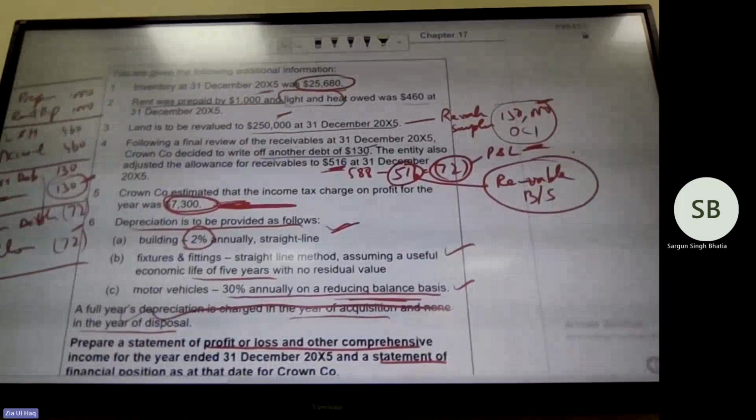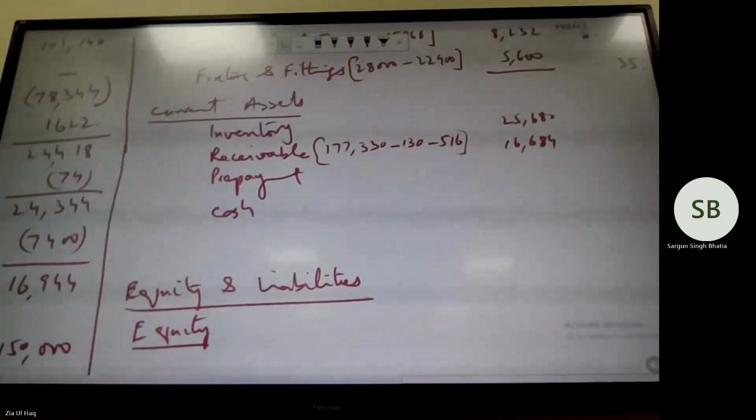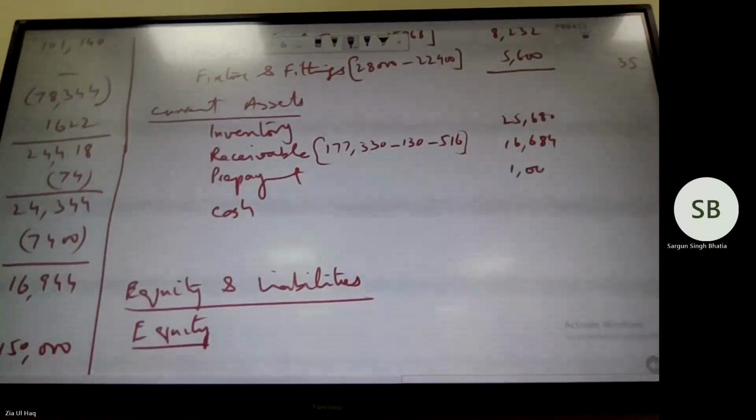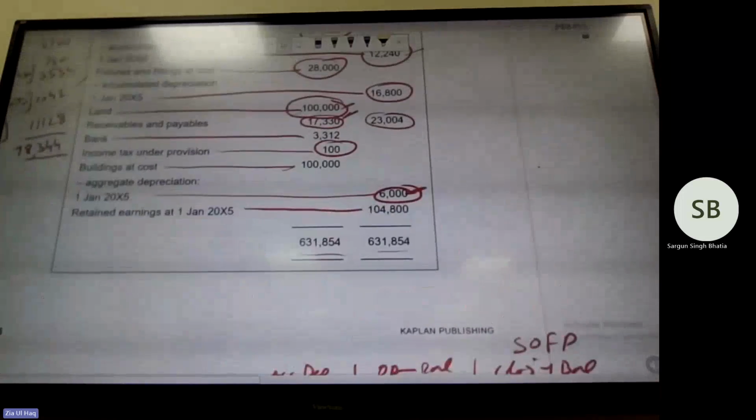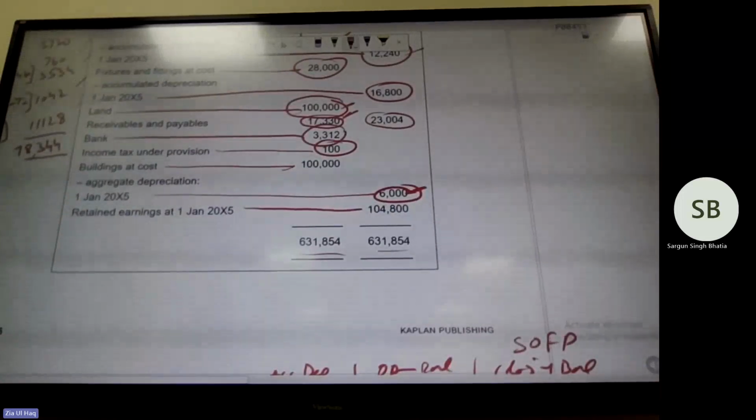And what were the prepayments? The prepayments were 1,000. Is there any cash balance in the question? Yes, cash at bank is 3,312.